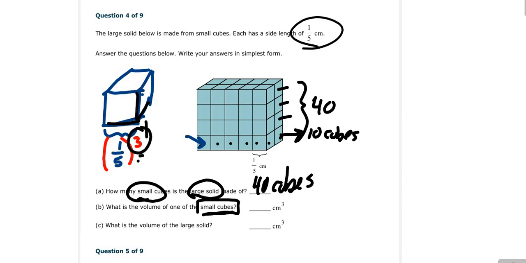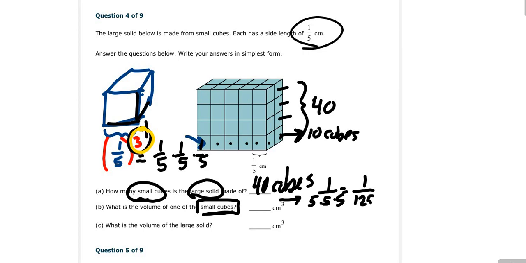Exponents expand, super important. Exponents expand. That's not times by 3. Instead, that's 1/5 times 1/5 times 1/5. So this ends up being 1 over 5 times 5 times 5, which is 1 over 125 centimeters cubed. That is the volume of a single cube.